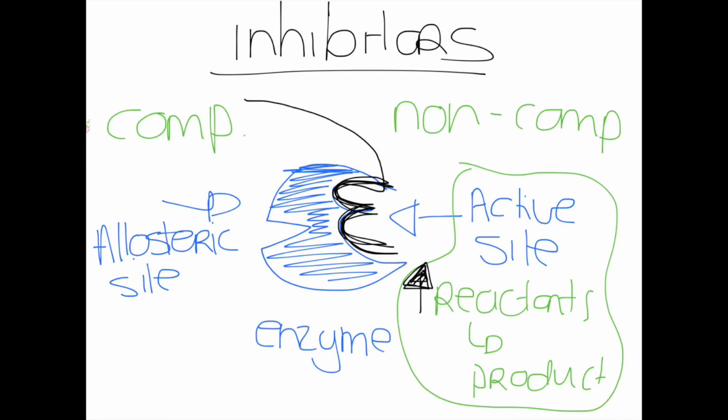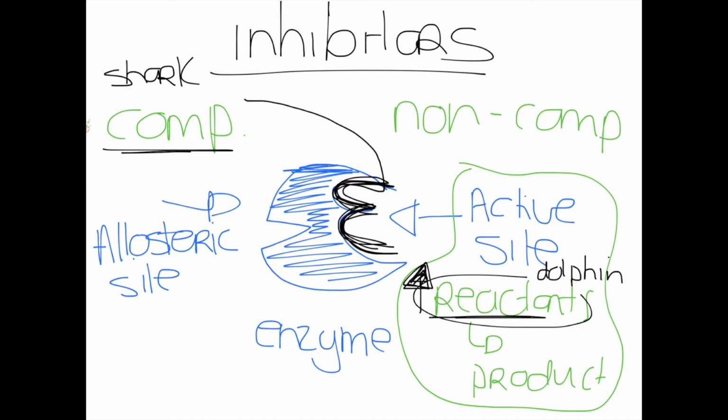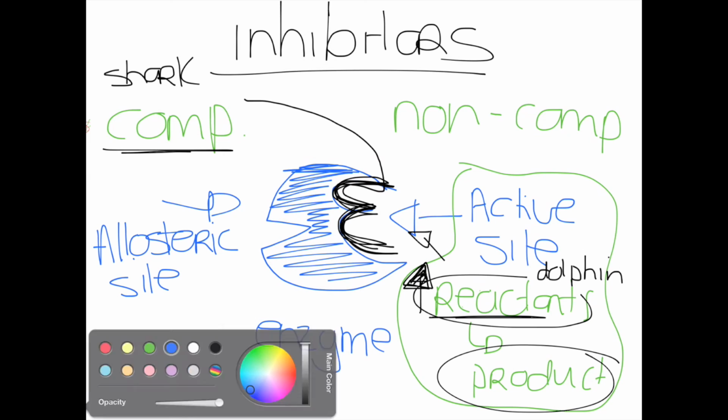If there's one shark and one dolphin and the dolphin's picking on it, the shark would be the inhibitor and the reactants would be the dolphin. The more dolphins that come along, the shark will actually move. That exposes the active site again, and then the reactants can move in and form your products. So you're able to move that inhibitor.